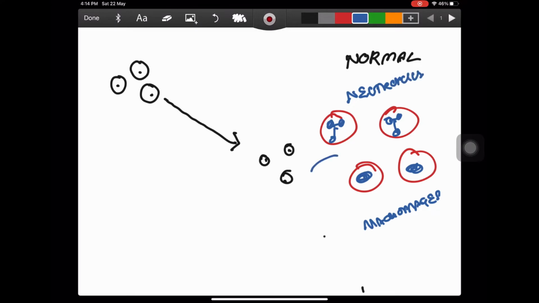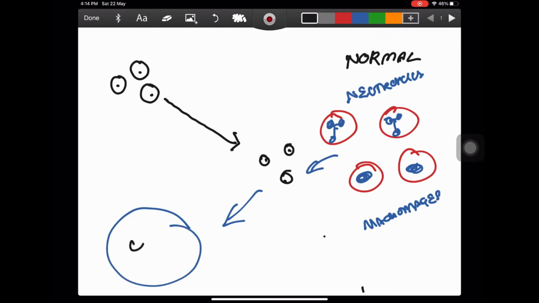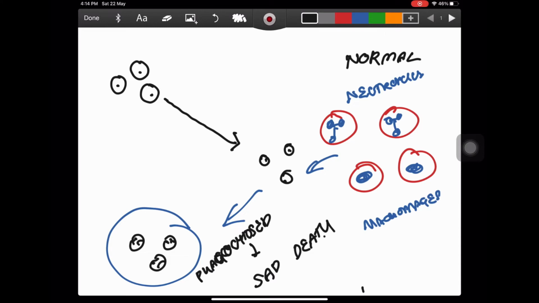They attack from nowhere, and finally the spores are phagocytosed and they die a sad death. In a normal human being, the neutrophils and macrophages engulf these spores. This is the reason why you and I don't get mucor every day in our life.